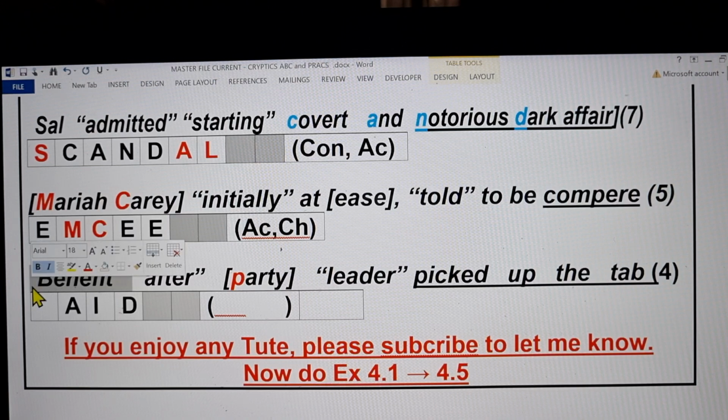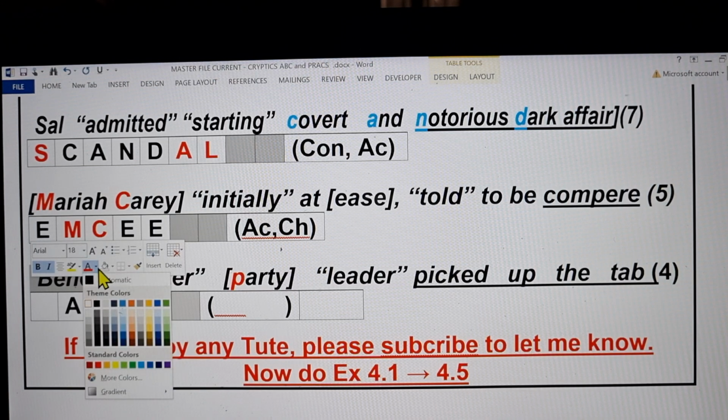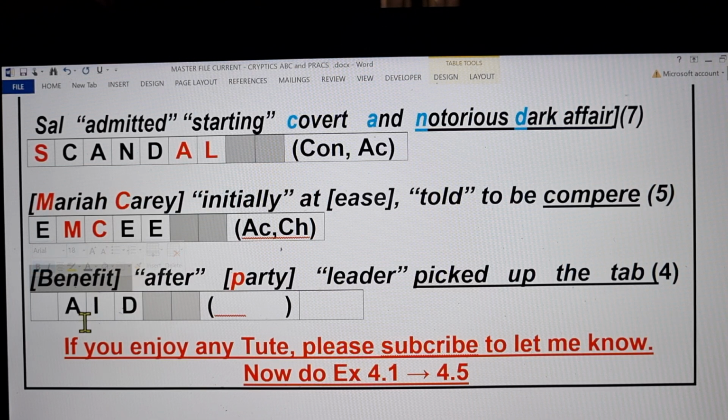That's the benefit. Okay. Your benefit is paid. Benefit is aid. So aid is after P. Benefit is after party leader. There it is. It's a charade of those two together using a first trick or an acronym trick, whichever turns you on. Okay? End of story.